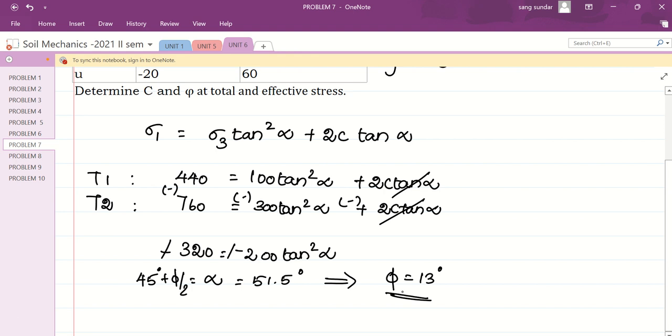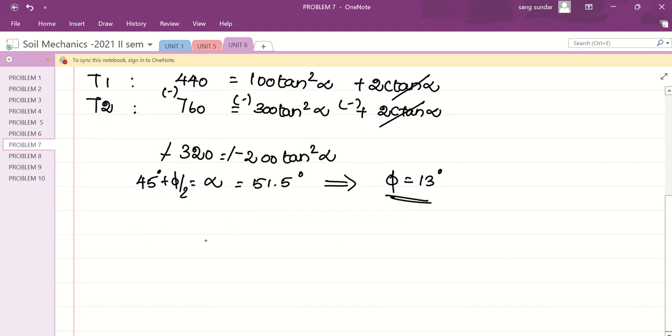Okay. Once you get phi as 13 degrees, substitute this in any one of the test equations.